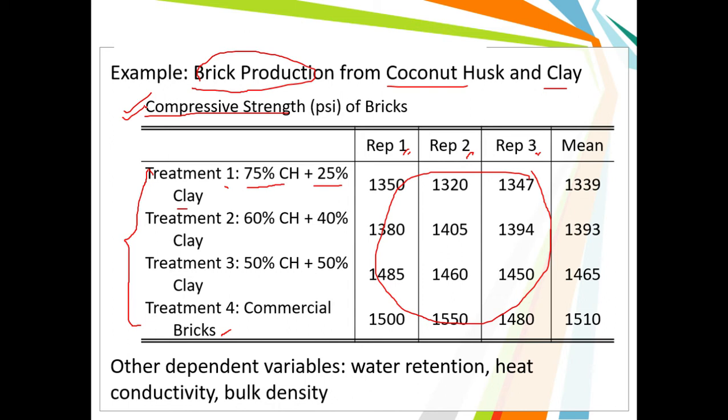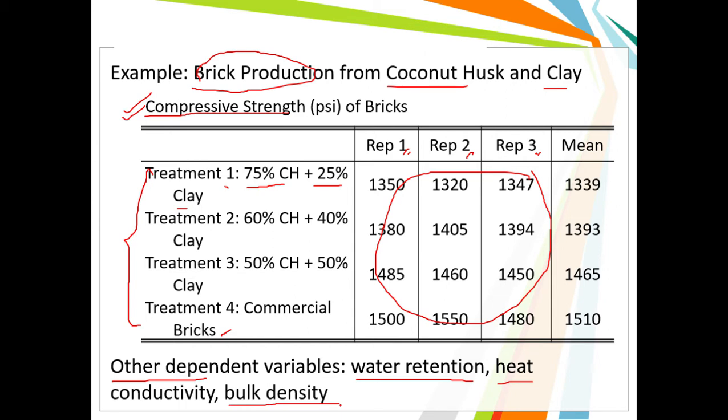So what if marami pa tayong gustong i-measure? So assuming we want to measure the water retention, that is another dependent variable. So ibig sabihin, another one-way ANOVA, another computation yan. Okay? Kung magdadagdag pa, let's say nagdagdag ng heat conductivity, this is another dependent variable. So another ANOVA naman. So kung another property, bulk density, another one-way ANOVA, another computation.